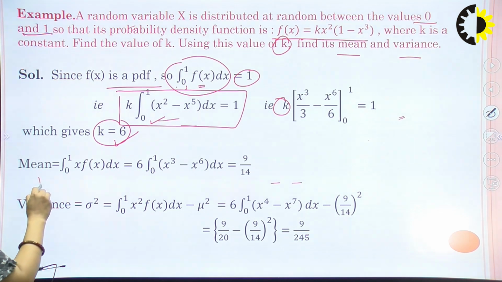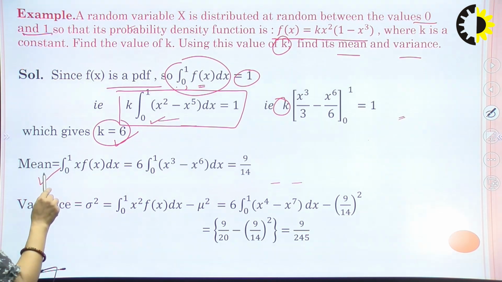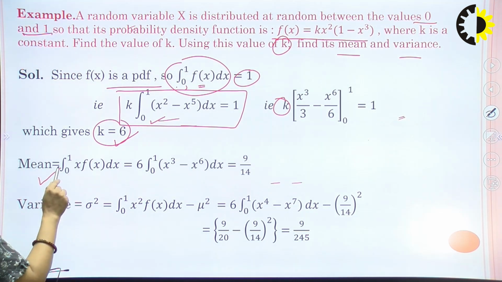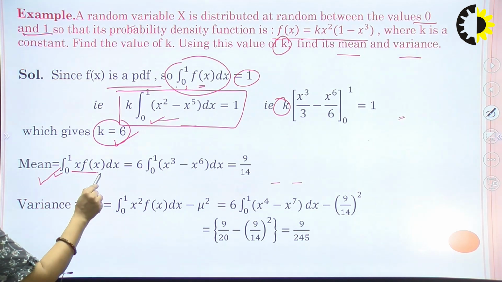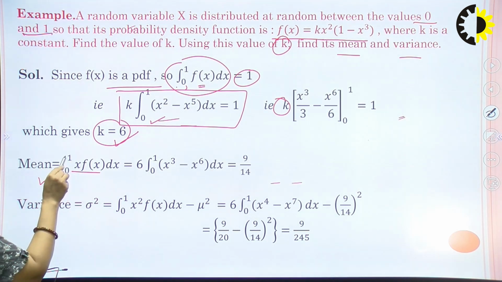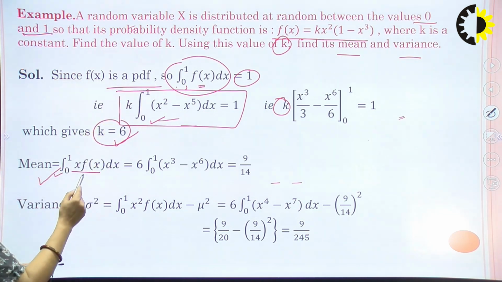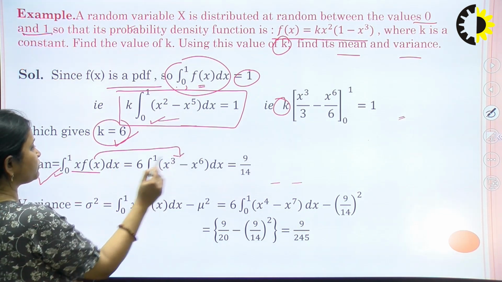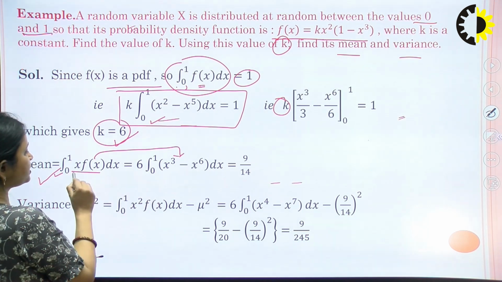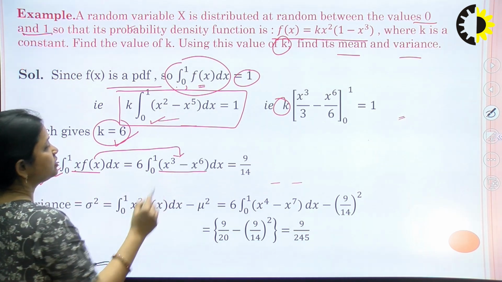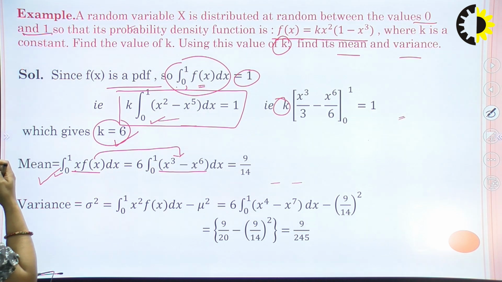Next, we have to find the value of the mean. We know the formula of mean: find the integral of x into fx in the range 0 to 1, because the random variable is taking the range of 0 to 1. So just put the value of fx, multiply it with x, and we obtain x cube minus x raised to the power 6.